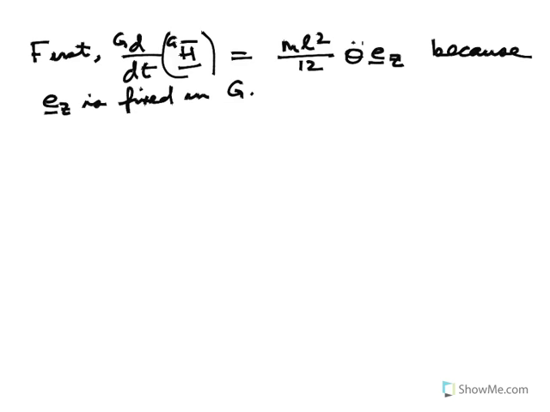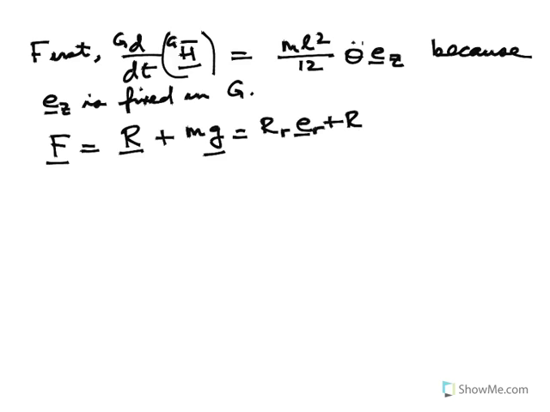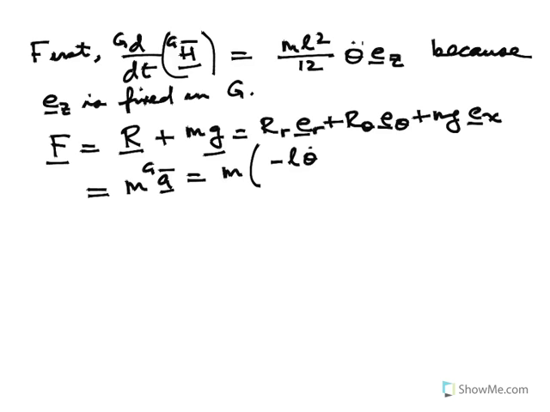The next thing we need to do is compute the force. The force is equal to the reaction force plus the force of gravity, which is R_r e_R plus R_theta e_theta, plus mg e_x. And that has to equal the mass times the acceleration of the center of mass, which is m times minus L theta dot squared over 2 e_R plus L theta double dot over 2 e_theta.